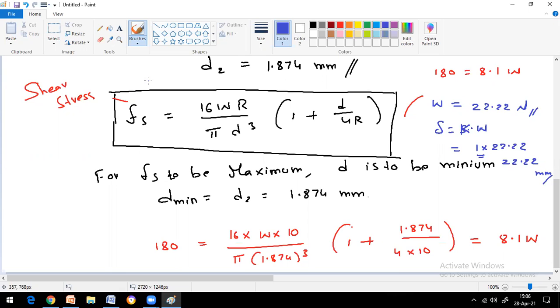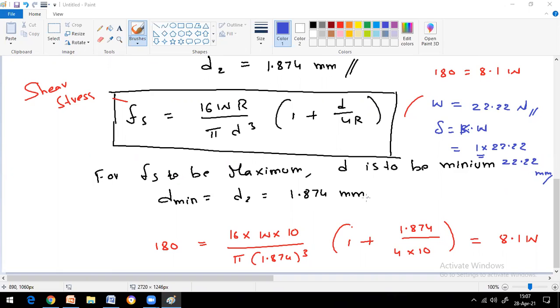This is how you can calculate the load, stiffness and deflection based on the shear stress equation and the conditions framed in the problem. This is how we solve problems on springs connected in series.